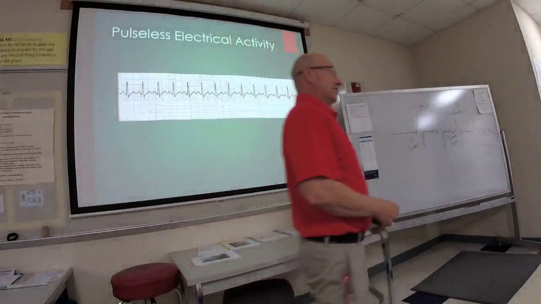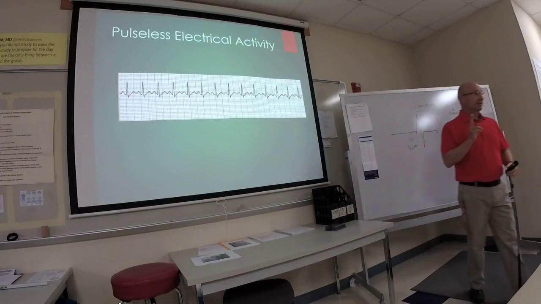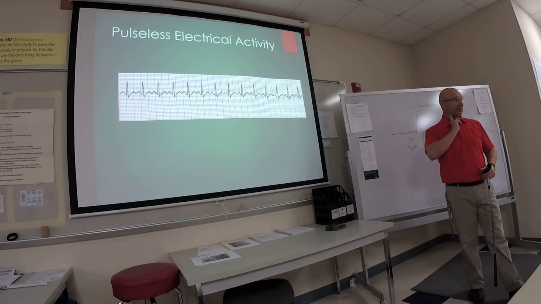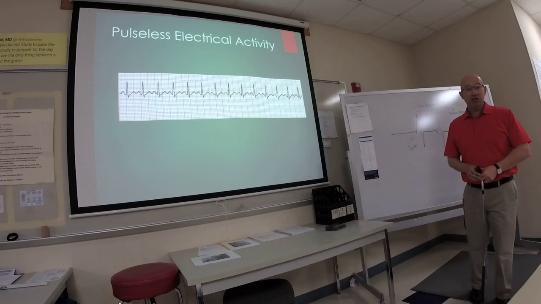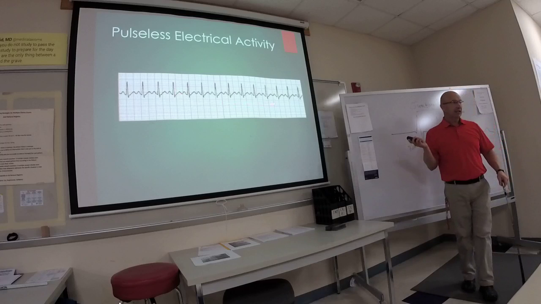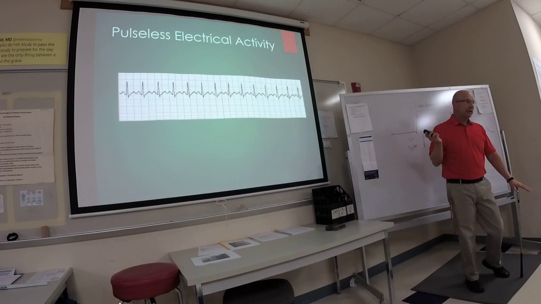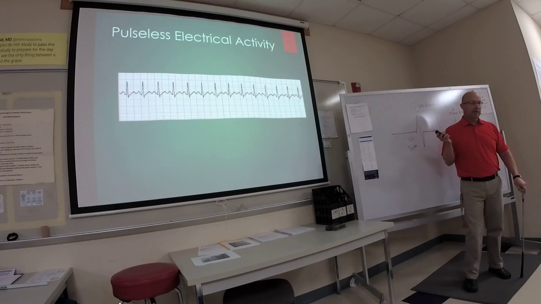Unconscious patient, what do you do? Well, no. First thing you want to do is what? Check a pulse. ABCs, right? CAB, right? Check a pulse. If they don't have a pulse, but they have this, then it's called PEA, pulseless electrical activity. It's a very lethal rhythm.